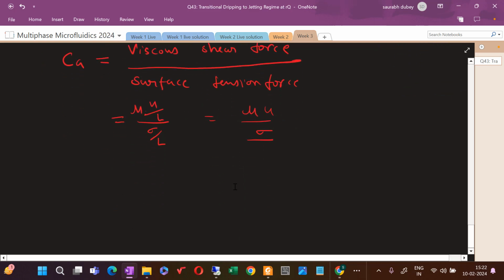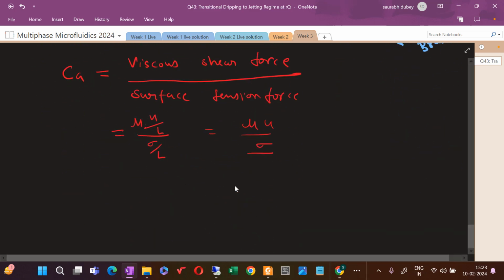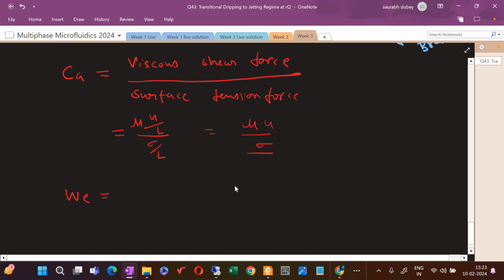And what is the Weber number? The Weber number is the inertia force to the surface tension force.